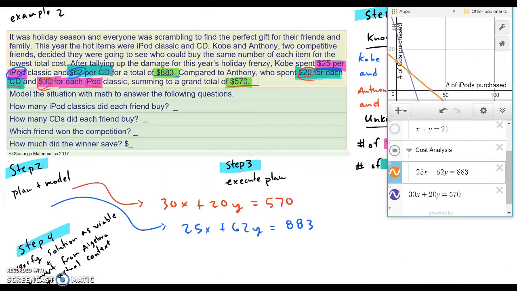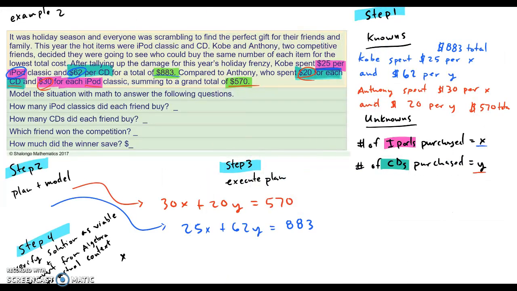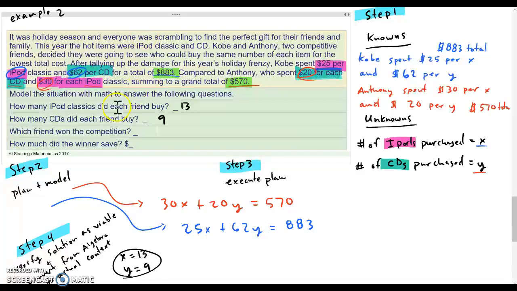So we can go back here. We know that X equals 13 and Y equals 9. Put this back into our problem. Okay, how many iPod Classics? They bought 13 iPods. And they bought 9 CDs. The third question says, which friend won the competition?